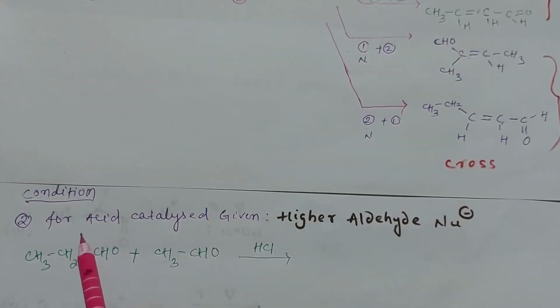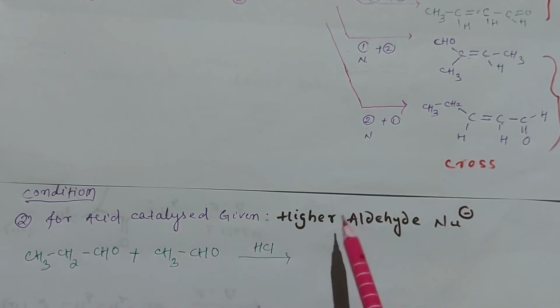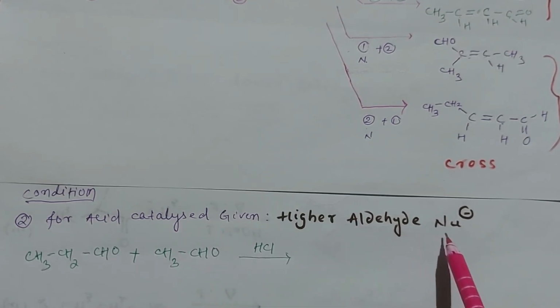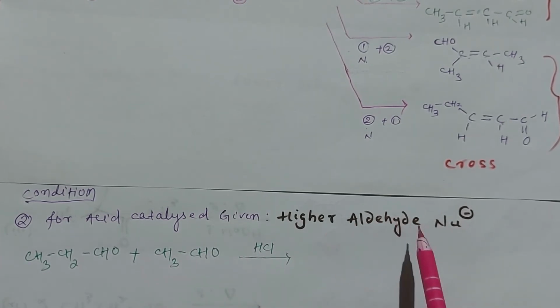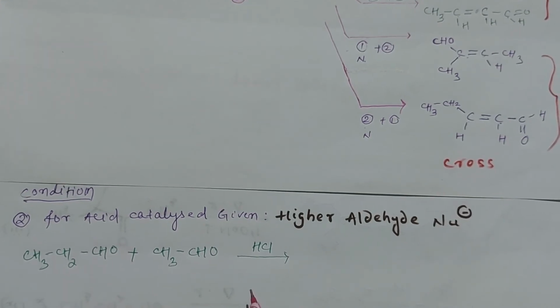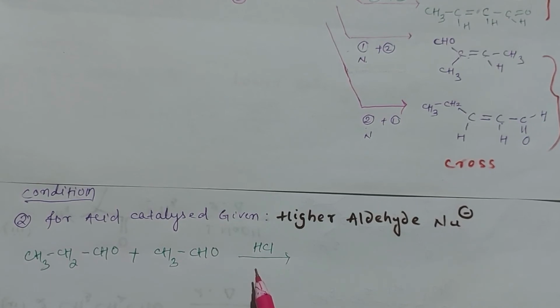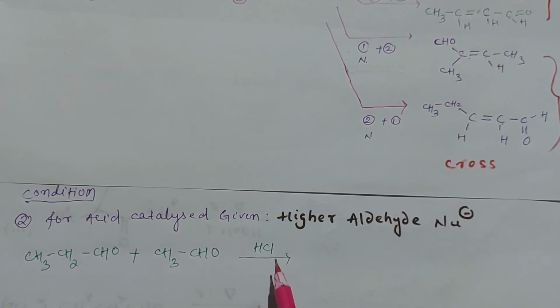Now the second condition is that for acid catalyzed reaction, the higher aldehyde will behave as nucleophile. Why will the higher aldehyde behave as nucleophile? Go through my previous videos where I gave a detailed mechanism of the acid catalyzed aldol condensation reaction. There one behaves as nucleophile and the other behaves as electrophile.